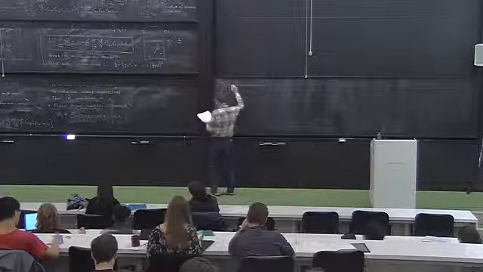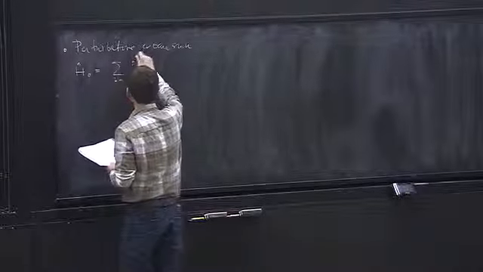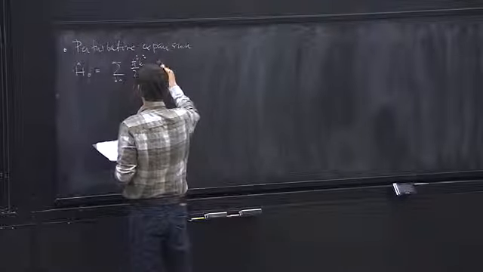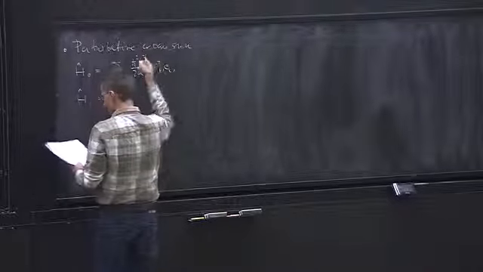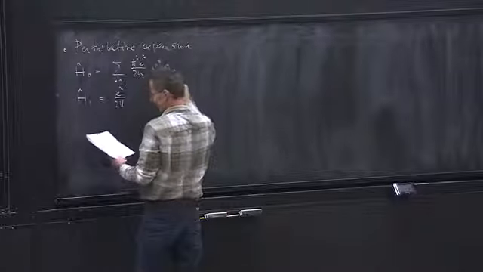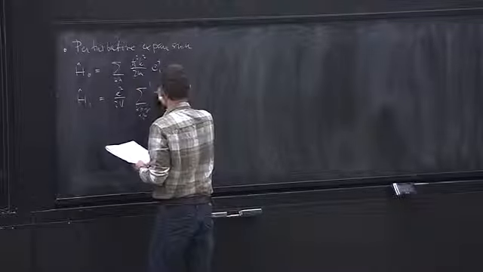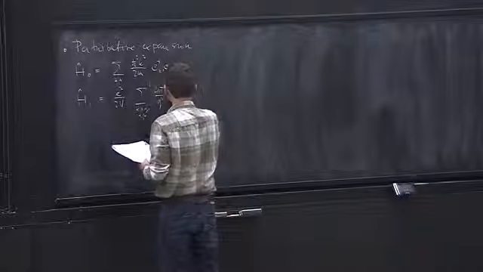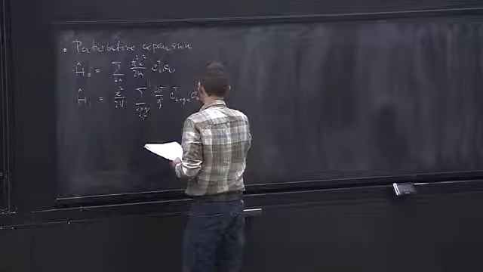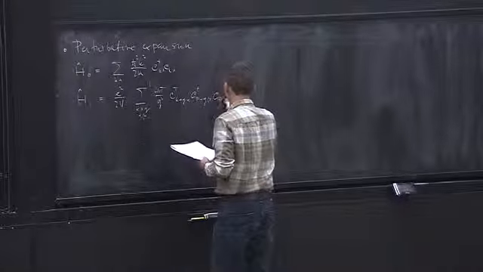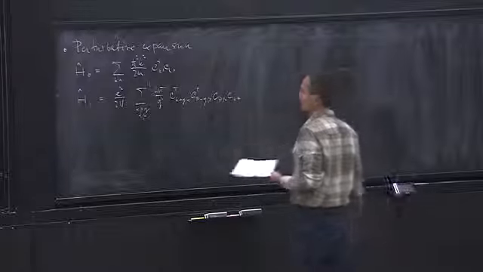So we do a perturbative expansion, and we take H_0 to be the sum over k, lambda of ħ²k²/2m c†_{kλ} c_{kλ}, and H_1, the rest of it, e²/2V sum over k, p, q, α, β of 4π/q² c†_{k+q,α} c†_{p-q,β} c_{pβ} c_{kα}, and do the standard perturbation theory on this.